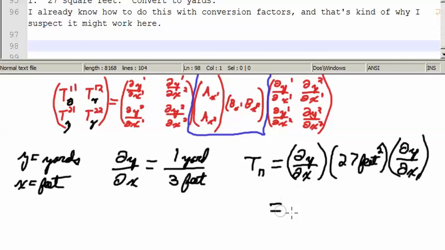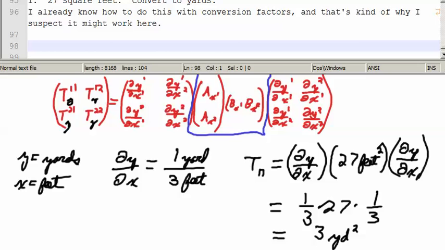That would equal just 1/3 times 27 times 1/3, which would equal just 3 square yards. Yards squared.